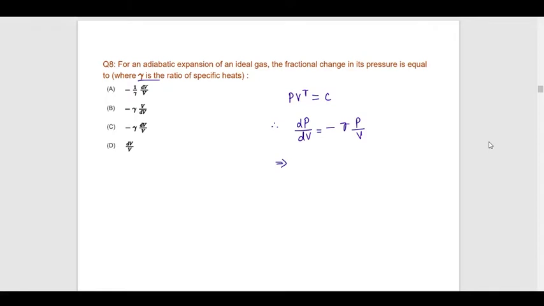The question asks for the fractional change in pressure, which is dP by P, and with a little rearrangement you will get minus gamma times dV by V. So option C seems to be the correct answer.